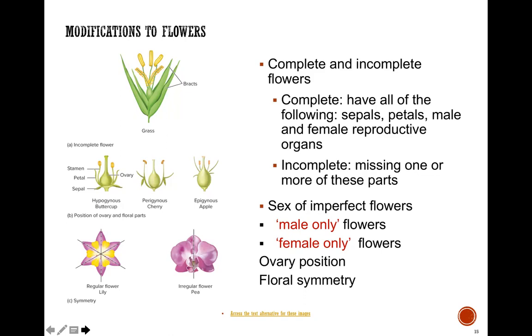And one other important detail is whether a flower can be self-fertile or not. If it has the male and female parts inside the flower, it doesn't necessarily mean that the pollen is going to reach the stigma. And so in this case, you can see that the anthers are below this stigma.